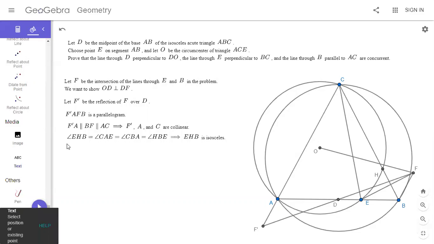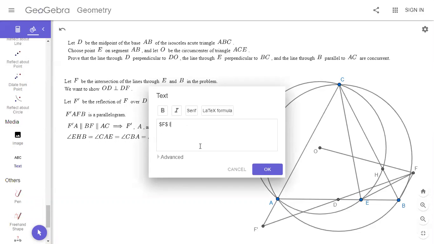And then we have F lies on the altitude from E to HB. I guess the altitude technically doesn't go past the segment HB, but just write it like that. So then we have FH is equal to FB.